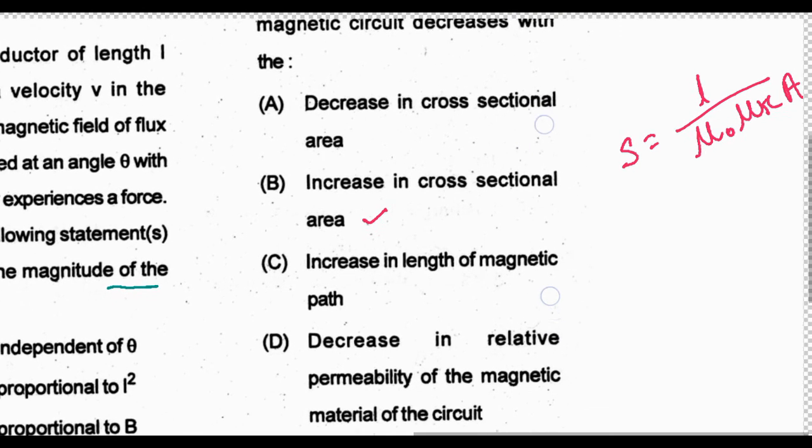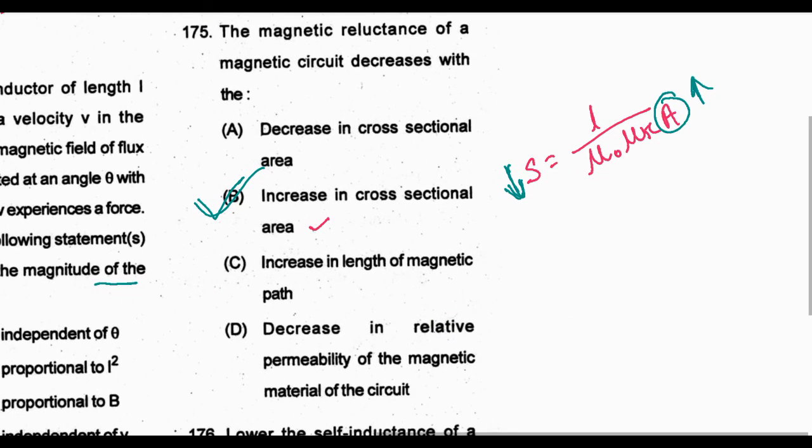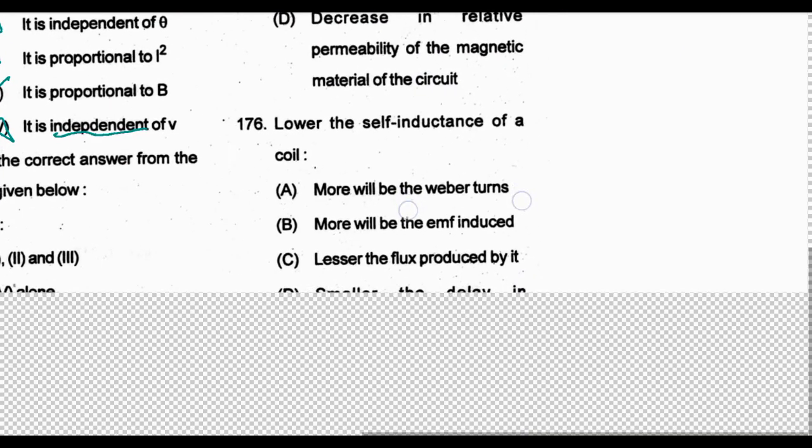So here reluctance S is given by l by mu naught mu r A. Cross sectional area is A, and if it increases, this decreases. So option B is the correct answer. If l increases, reluctance will increase, not decrease, so option B here is the correct answer.